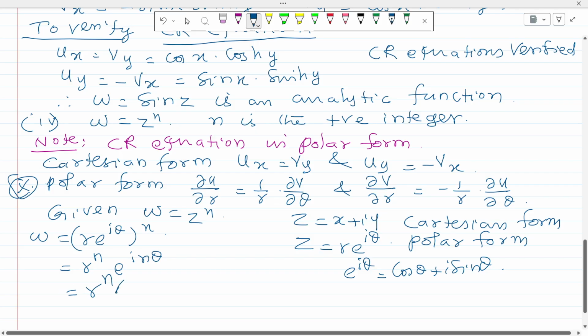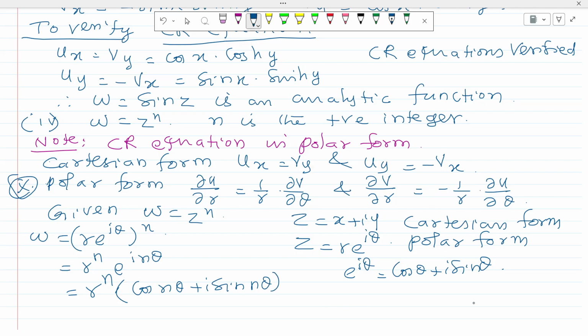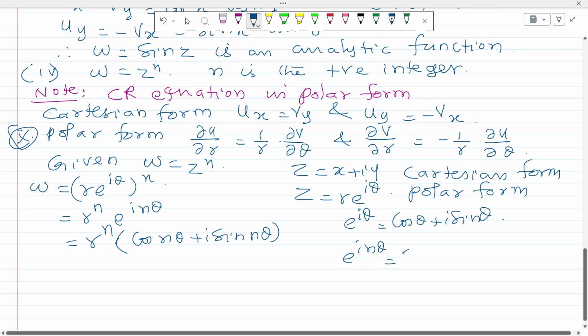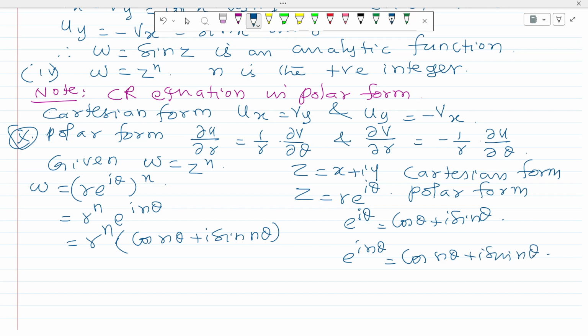So similarly, e power i n theta equal to cos n theta plus i sin n theta. This formula is very, very important. If n is any number, you can substitute here. For example, e power i 2 theta is cos 2 theta plus i sin 2 theta.